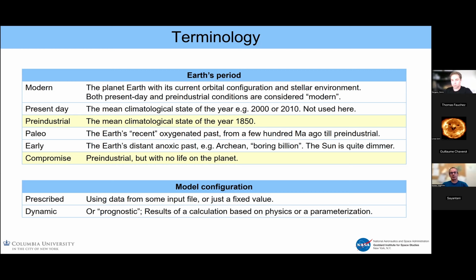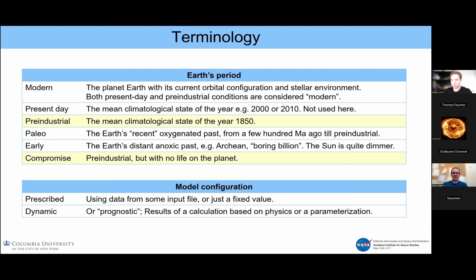And then in terms of model configuration, we have two different words that we will be using a lot. One is that if you are prescribing something, so let's say you have the sea surface temperatures and you say, I have no model that simulates the ocean, so here is data for what the sea surface temperature is. And we know that up to a good extent about the pre-industrial Earth.